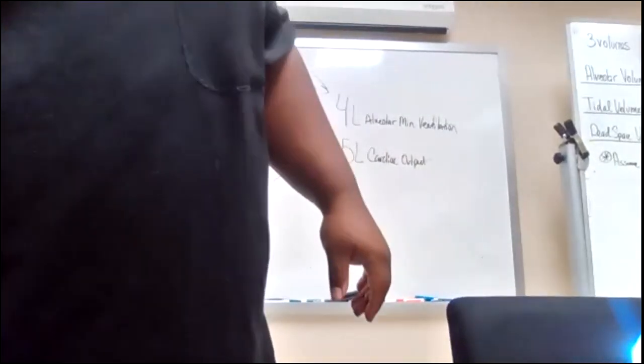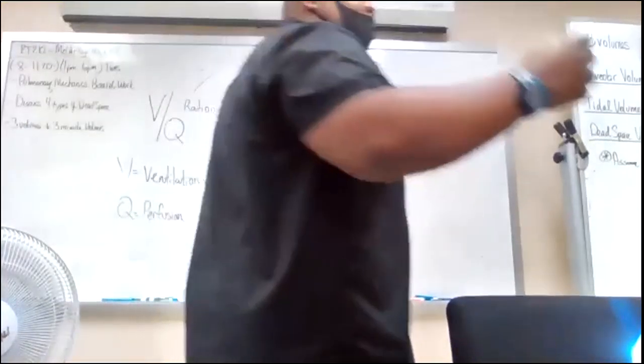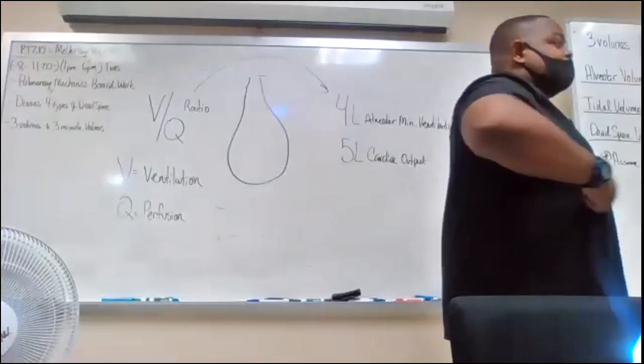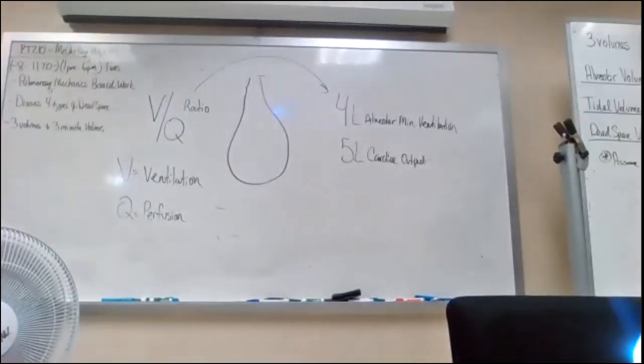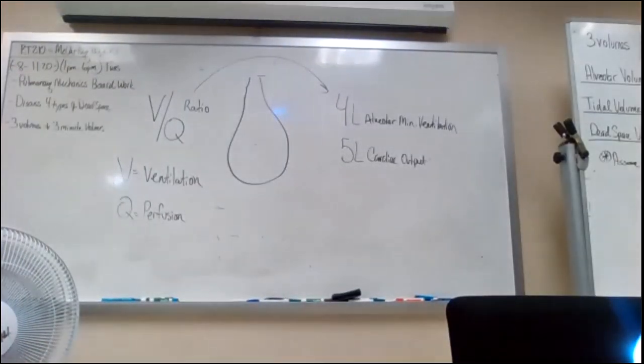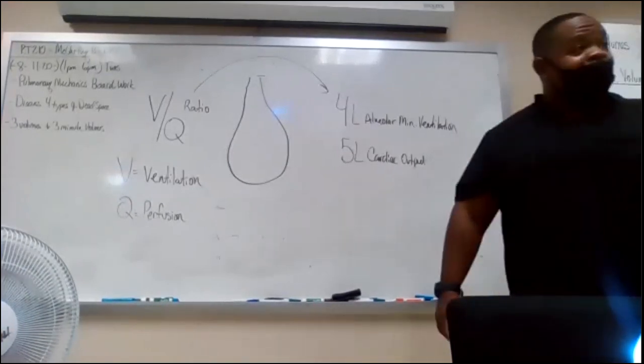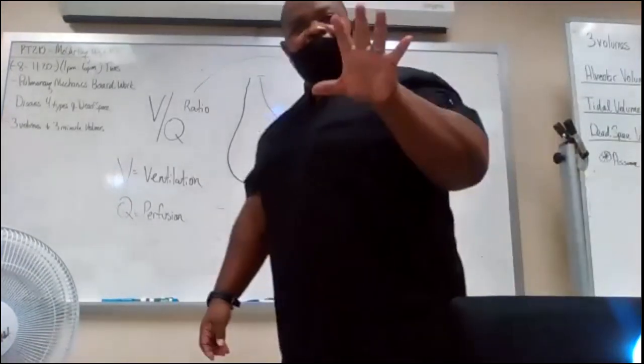You've seen a 2 liter of drink, right? The big 2 liter, not this one, the regular Sprite. That's 2 liters. So 2 of them and a half is the amount of blood your heart puts out every minute. 5 liters is your cardiac output.